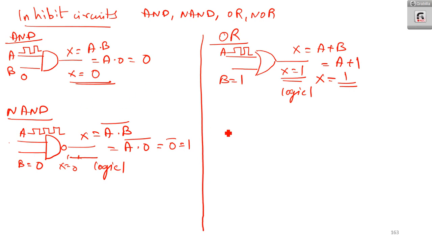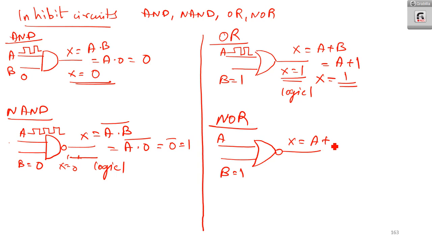Now coming into inhibit using NOR gate. So here I am using a NOR gate. We get A and B. Here B is set to 1. So what is X? X is A or B the whole bar. But B is 1. So it is A or 1 the whole bar.